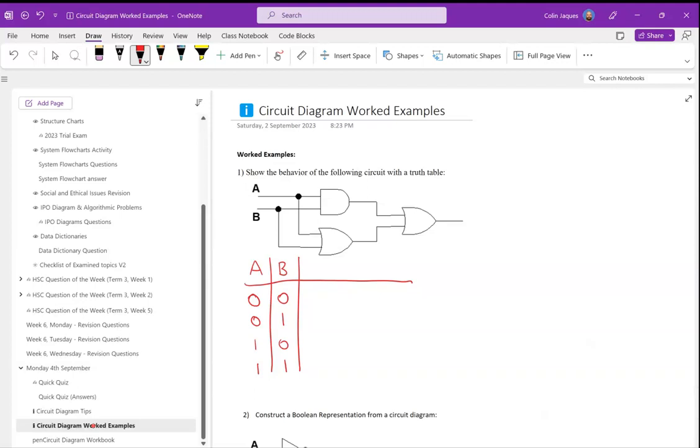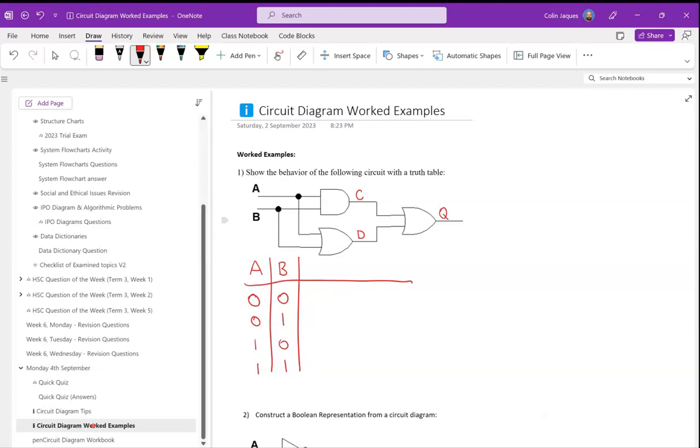The next step is to label the corresponding outputs. So we have C and D, and Q is normally represented by the final output. X is another way you could represent it as well, but Q is kind of the standard.